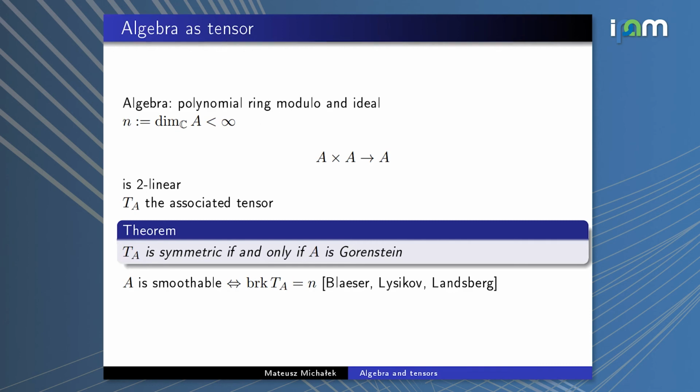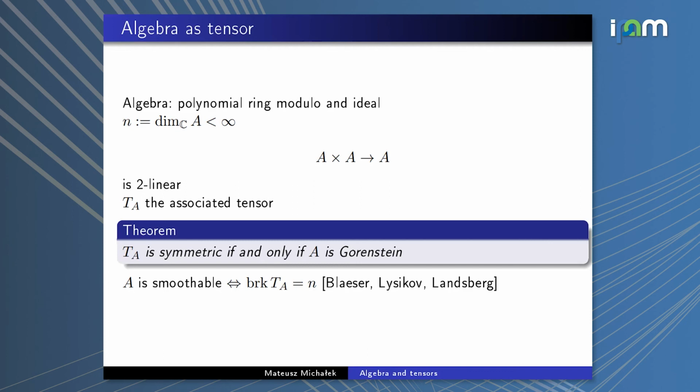Why? Well, because multiplication in an algebra is a bilinear map. Yeah, if you take one element from A and another one, and you return their product, this is a bilinear map. Hence, there is always an associated tensor, T_A. Every algebra gives you a tensor.